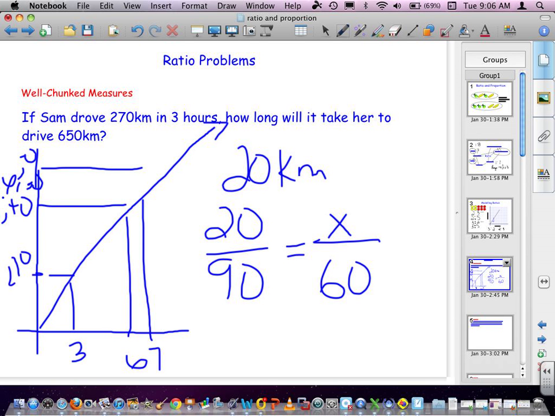So if I knew what fraction 20 is of 90, then I can figure out what fraction x is of 60. Okay, so this is 2 over 3? No. This is 2 over 9.